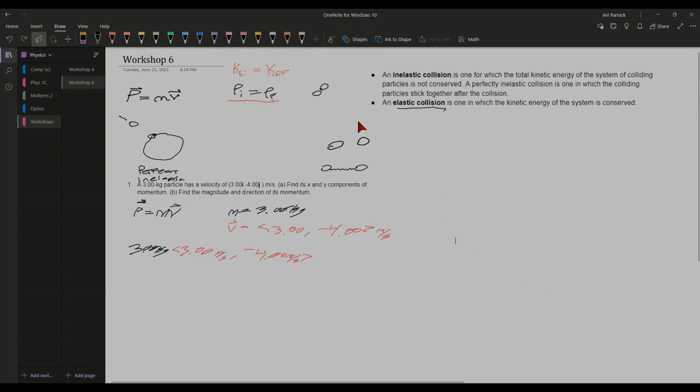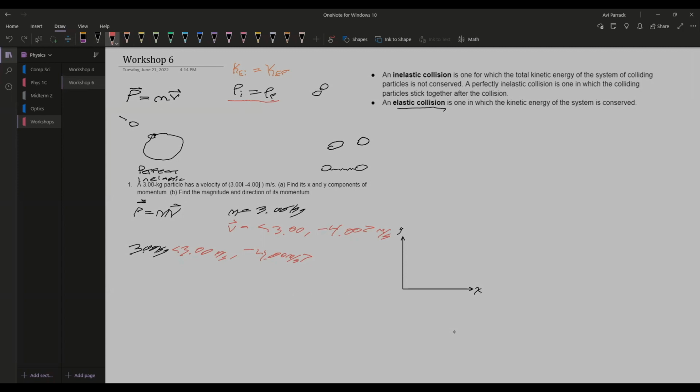Let's see, that's not what I wanted. There we go. So these are our axes. We would have our x-axis right here and our y-axis right here. This is the direction of i hat toward the x-axis, and this is the direction of j hat.